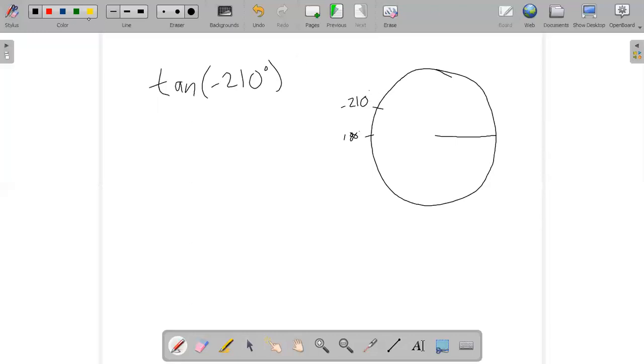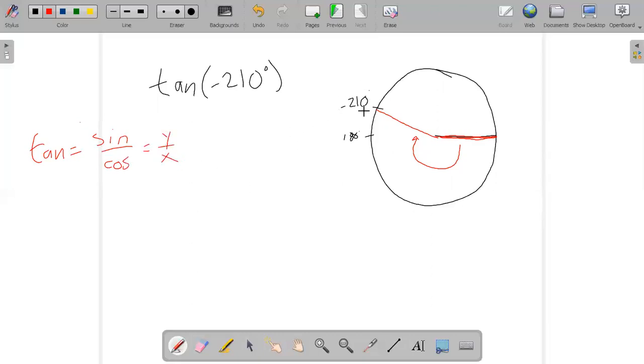Now, this is just a different method that you can take for this. It's not the only method. If I have this angle right here, I'm asking about that value, right? I'm asking what the tangent of that value is, which if you remember, the tangent of something is equal to the sine over cosine, which is the same thing as y over x.